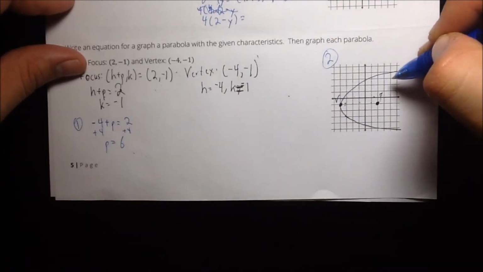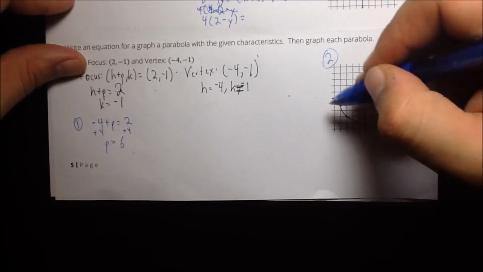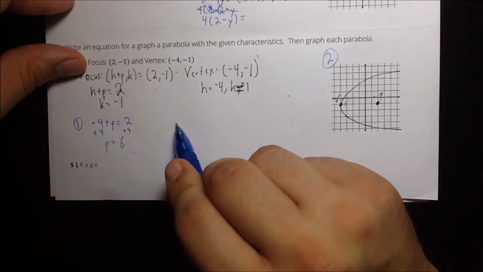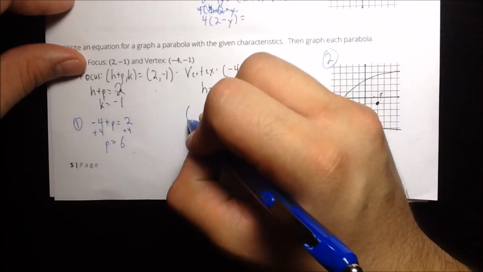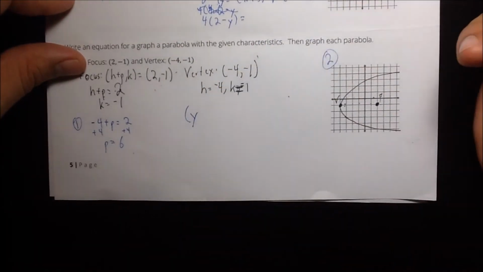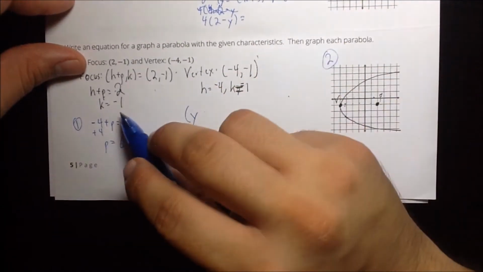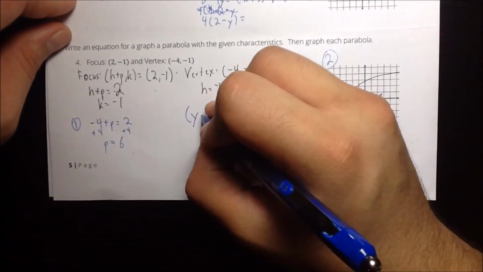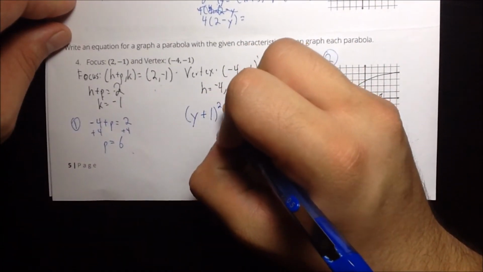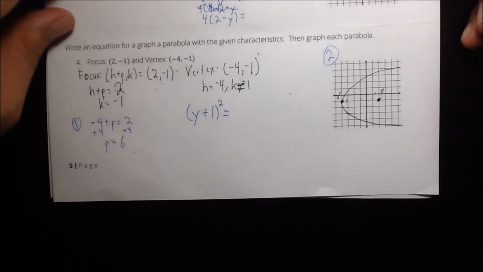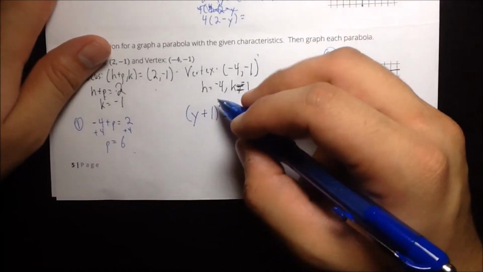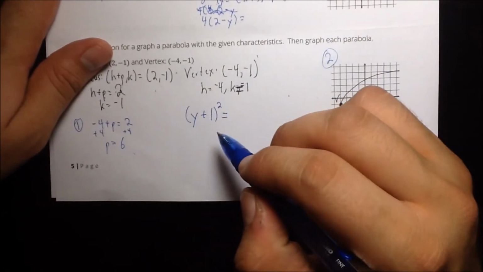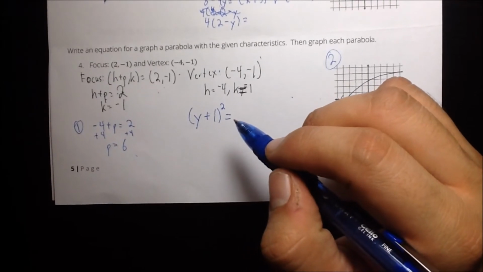And from all that, we can use our equation. Again, because it's a sideways parabola, we want the sideways or the horizontal parabola equation, which is going to have the y on the left side. So y minus k, so y minus -1 is y plus 1, squared, is going to be equal to 4p, which is 24.